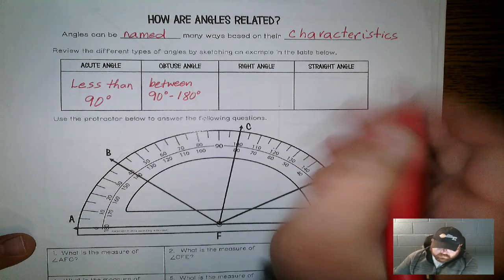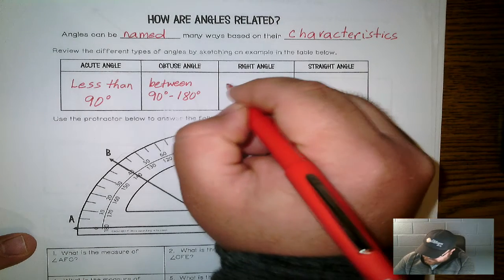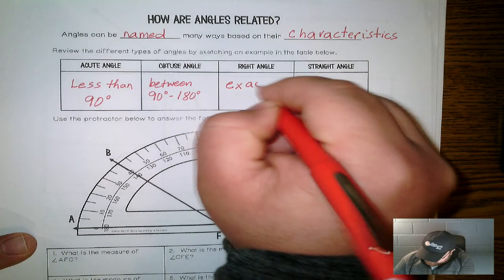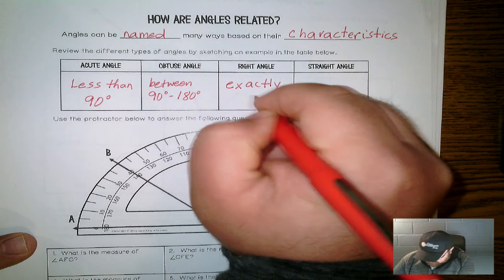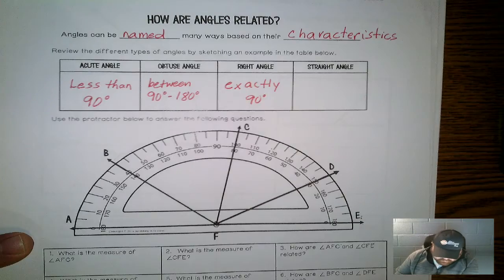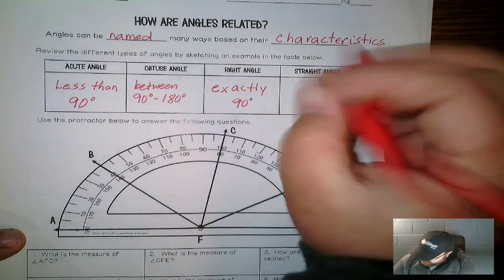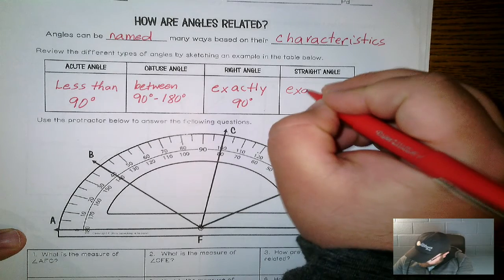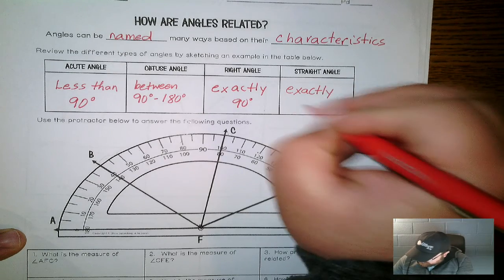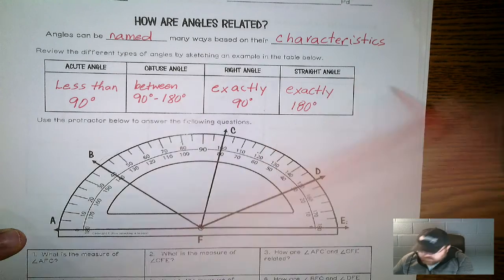A right angle is exactly 90 degrees. And a straight angle is exactly 180 degrees.